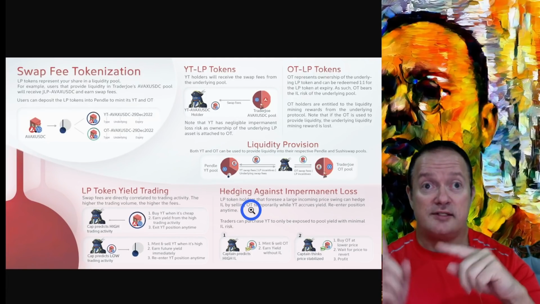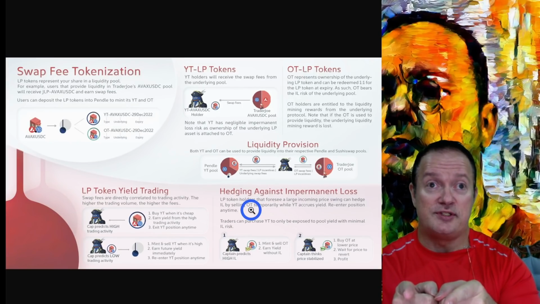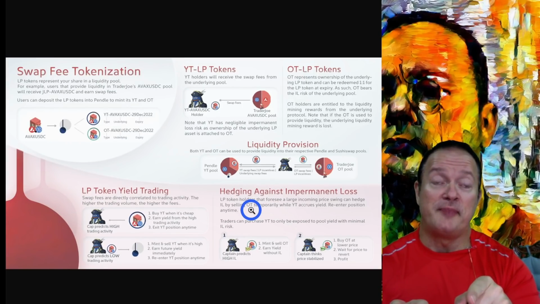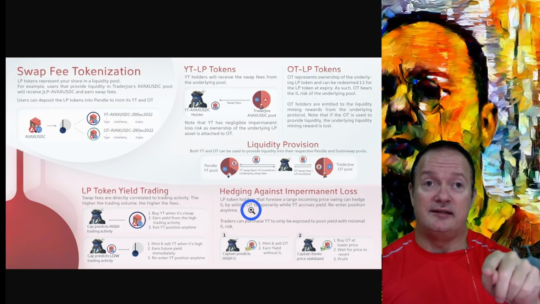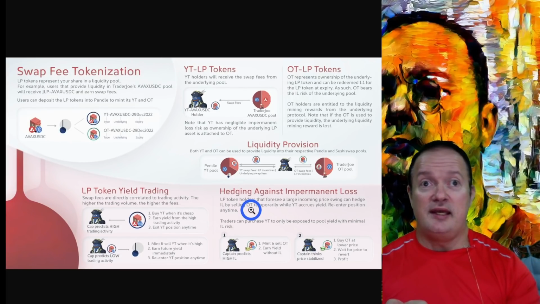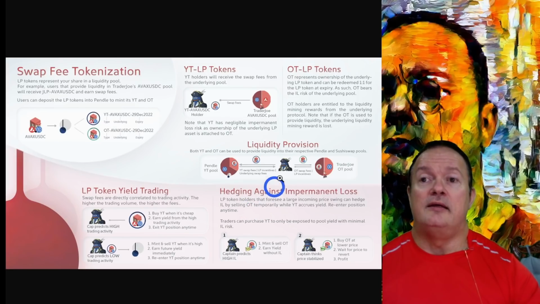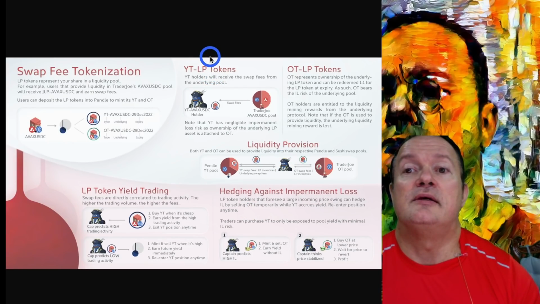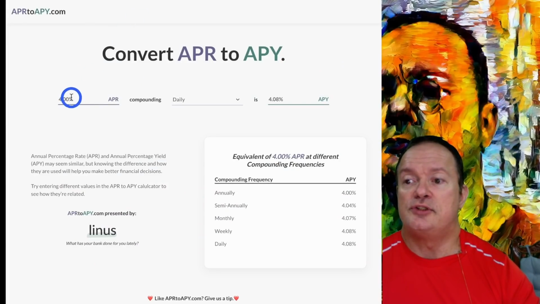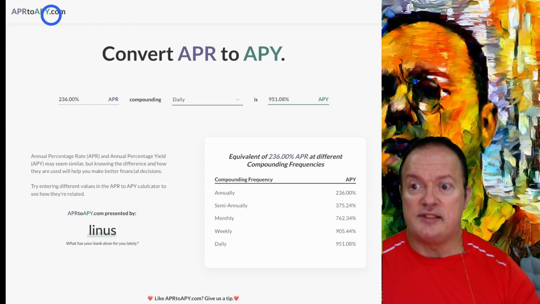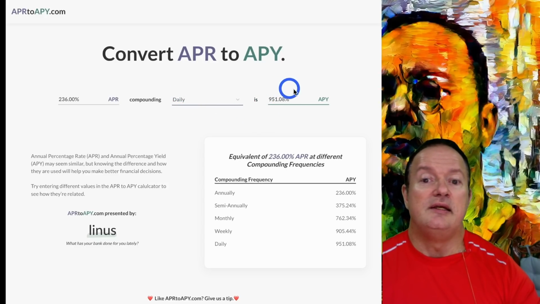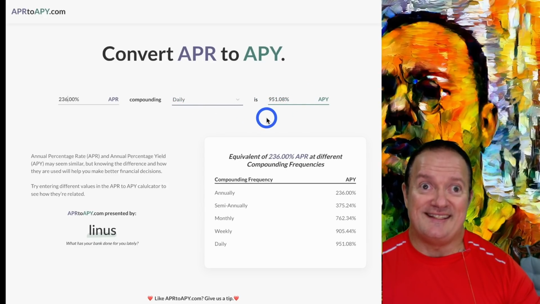Okay, you could swap them like I just did into MEMO, and then from the MEMO into YT-wMEMO tokens, and they would compound. And if we look at how much that represents, I believe I got the right page. If we put here 200, I think it's 236%, and we compound daily, we're getting an APY of 951%.